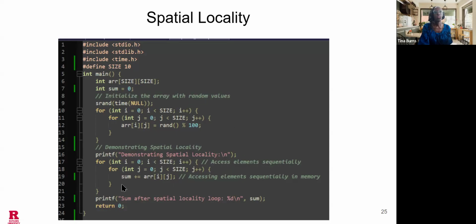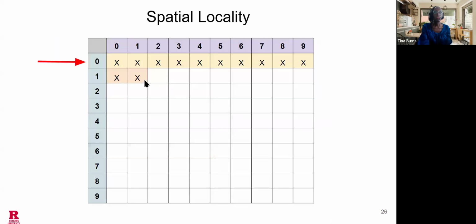And that is what we would call spatial locality, because each element is at a different address, but I'm accessing them contiguously, right after each other. And here's a prime example of how that looks. I'll go here, here, here, here, and then there.